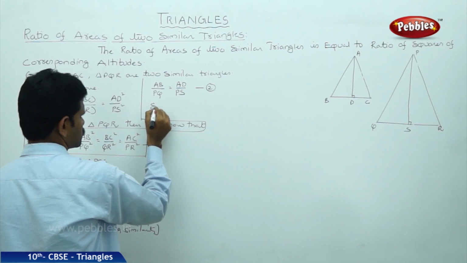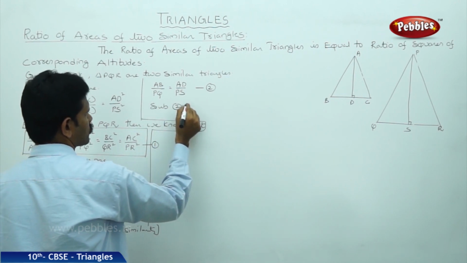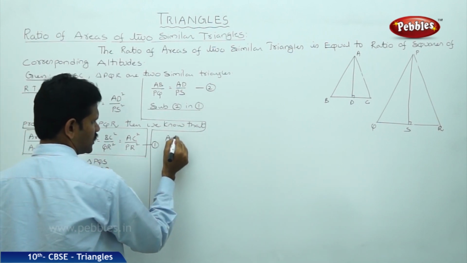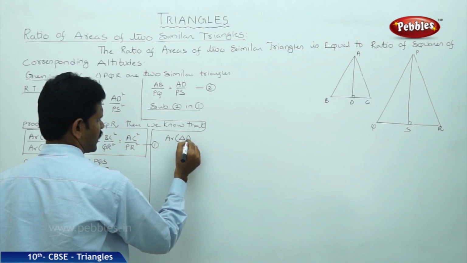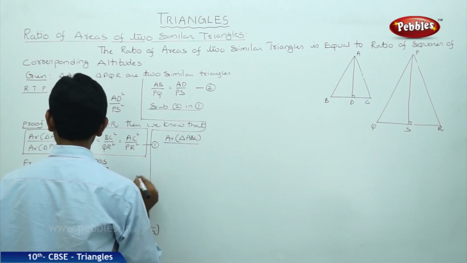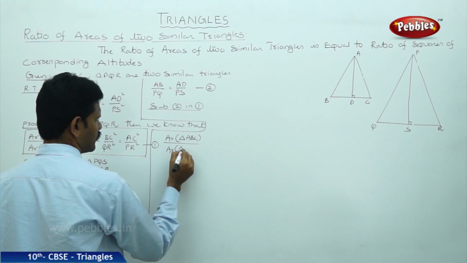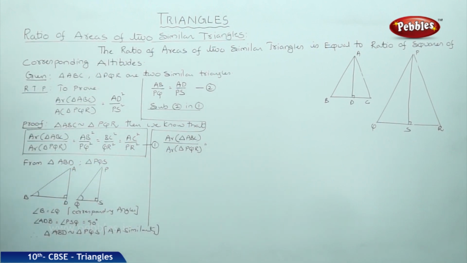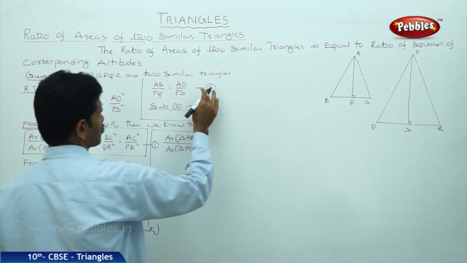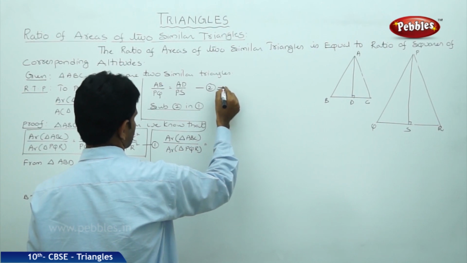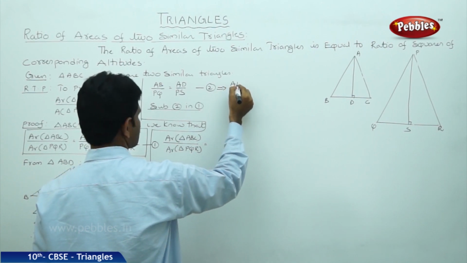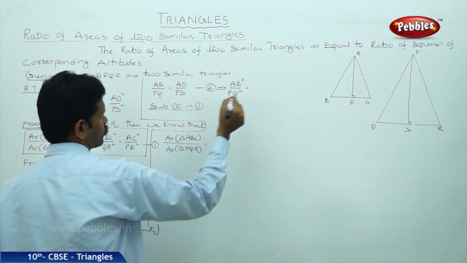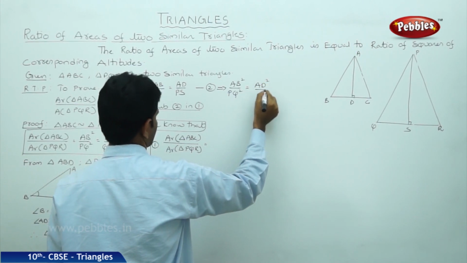Now substitute equation 2 in equation 1. Area of triangle ABC by area of triangle PQR is equal to, after squaring on both sides, AB square by PQ square is equal to AD square by PS square.